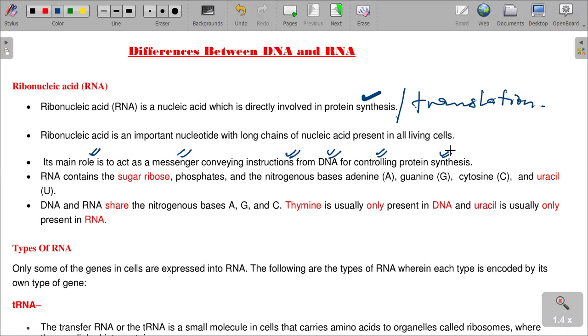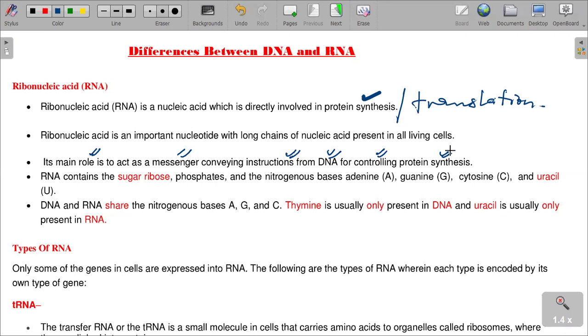So there is a direct biological relationship, whereby the mRNA has to encode the information that it assimilates from the DNA, the genetic code that is being sent, in order to promote the synthesis of proteins.